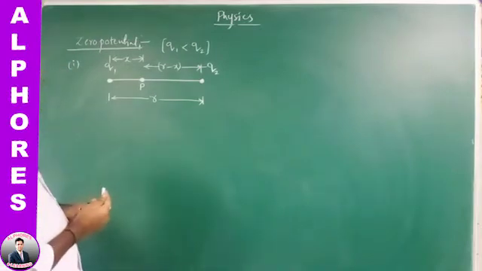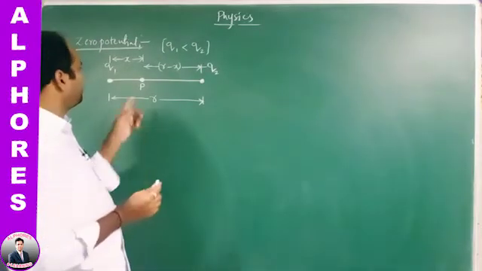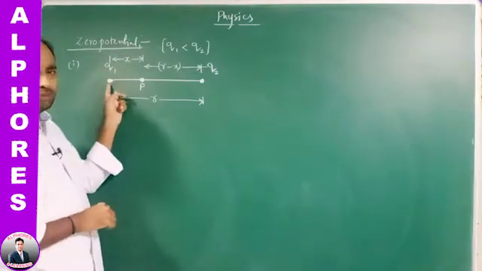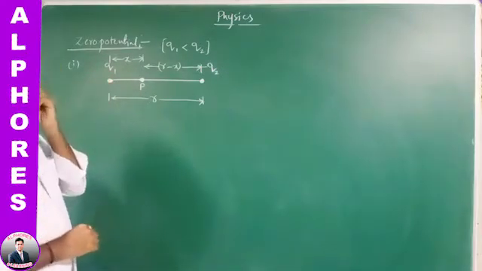Now let V1 be the potential at the point P by the charge Q1.